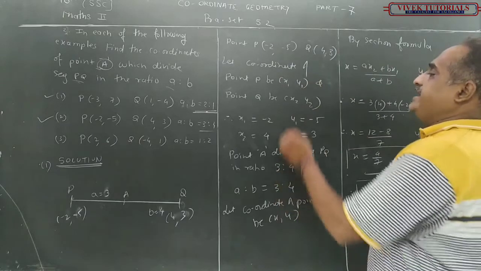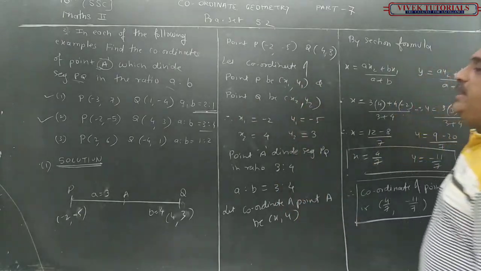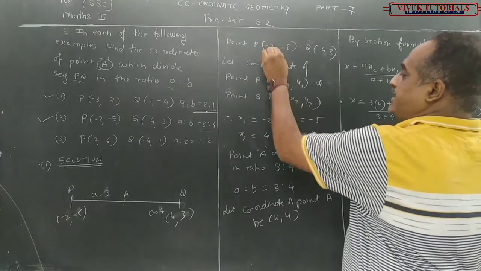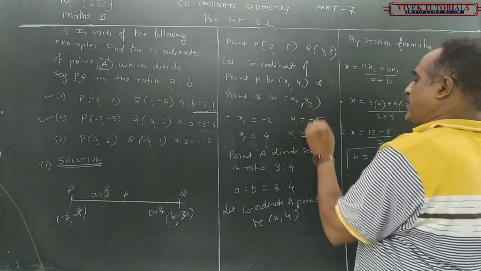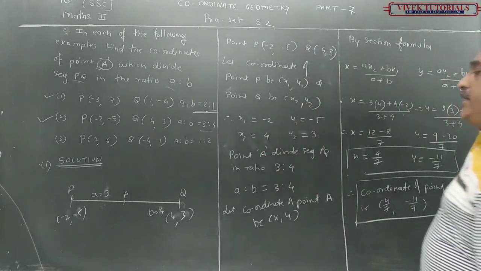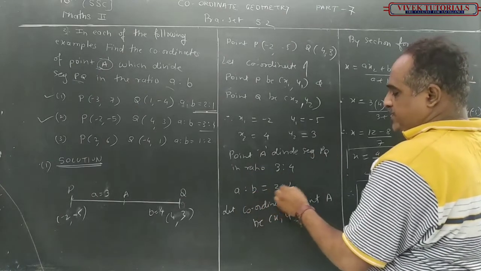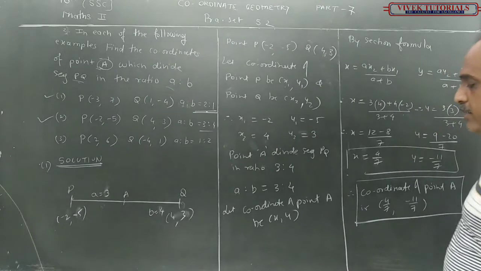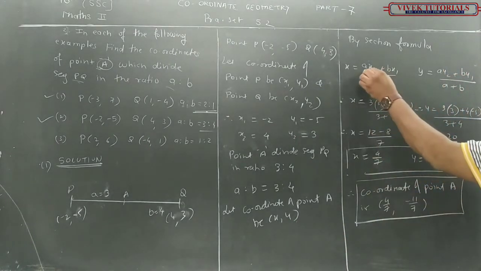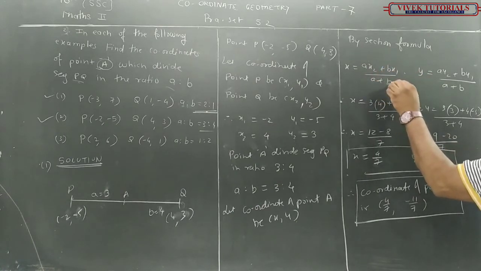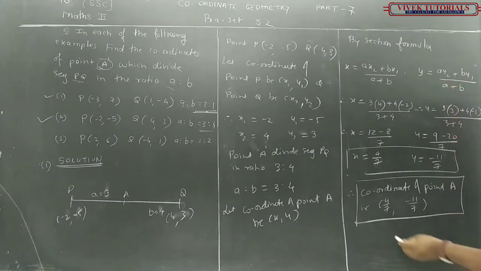Coordinate of P we have taken x1, y1 and Q is x2, y2. x1 value is minus 2, y1 value is minus 5, x2 value is 4, y2 value is 3. Point A divides segment PQ in ratio 3:4. A is to B is 3:4. Coordinate of point A be x, y. Section formula, what I can write then? ax2 plus by1 upon a plus b, and y is equal to, when I solve it, I got this answer.